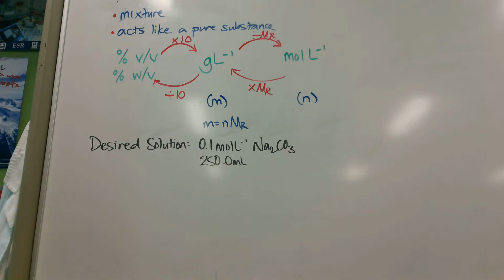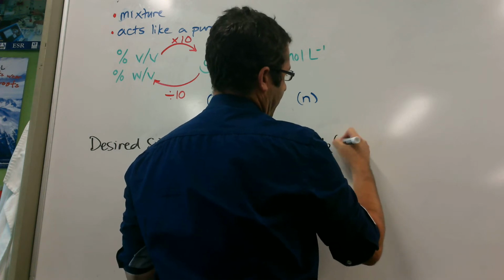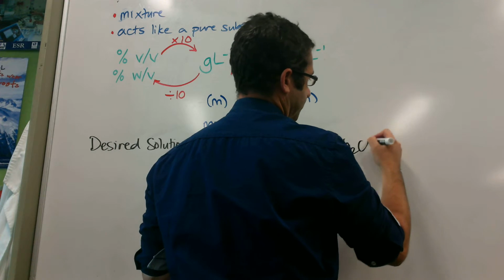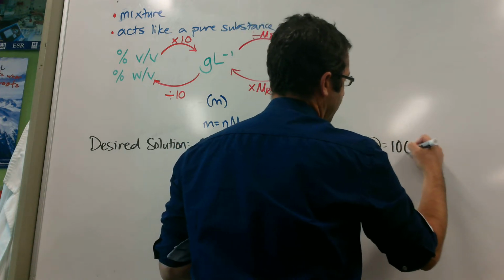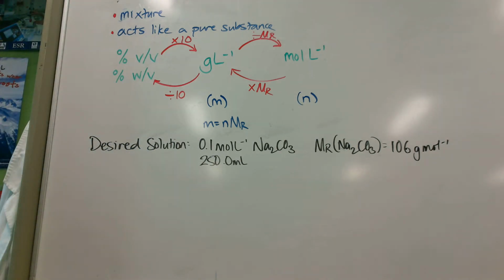We were also told, because it was on the container, that the molar mass of this stuff, whoops, get my formula right, was 106 grams per mole. It actually said 105.99, but we could only work with three significant figures, so we rounded it off to 106.